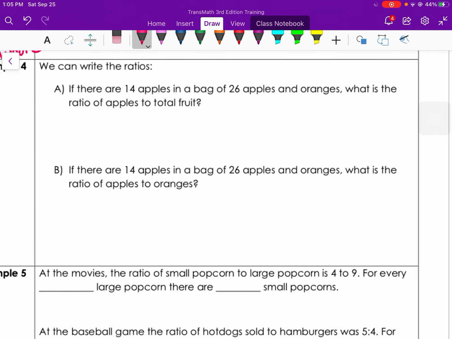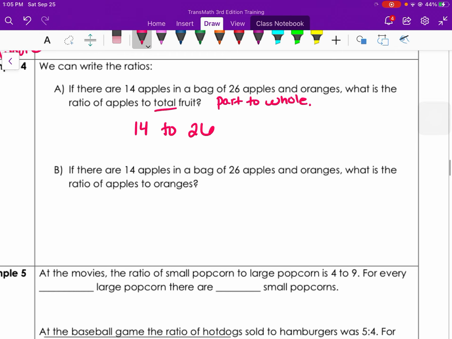All right. Let's practice writing more ratios. If there are 14 apples in a bag of 26 apples and oranges, what is the ratio of apples to total fruit? So since we're comparing to total fruit, this is a part to whole relationship. And we have 14 apples to 26 total.